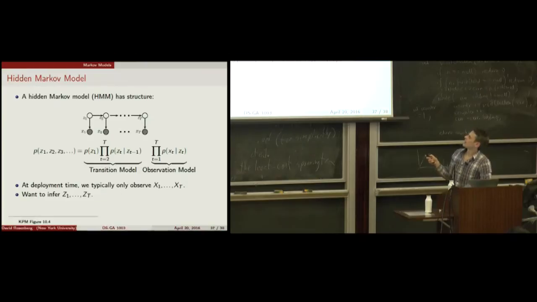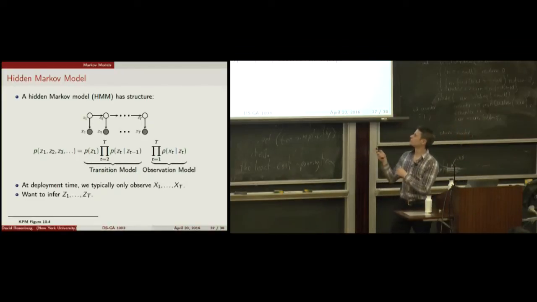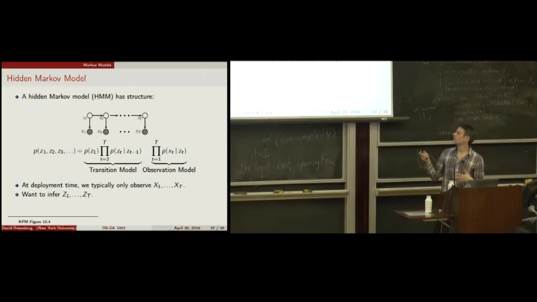So are z1 and x2 independent given x1? If we observe x1 and then we observe x2, do we get any additional information about z1? The answer is no, they're not independent. We get more information about z1. So that dependence in this model allows us to share information across the observations, and that's called smoothing, where we can get better estimates of the z's by using all the information.